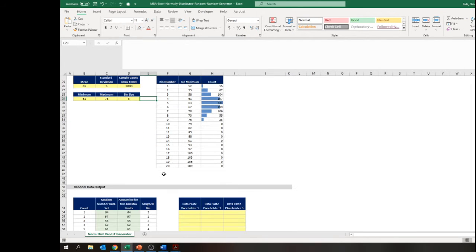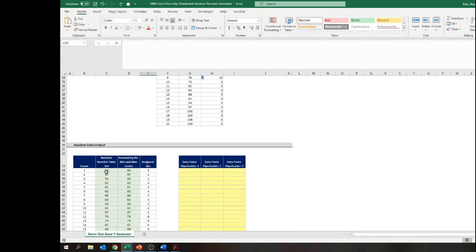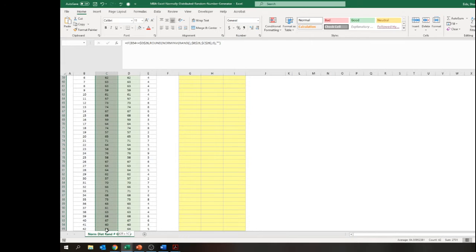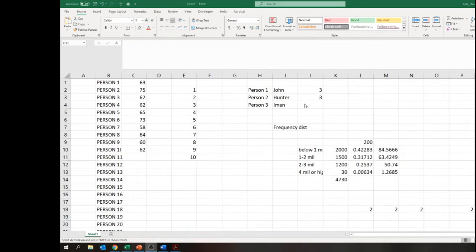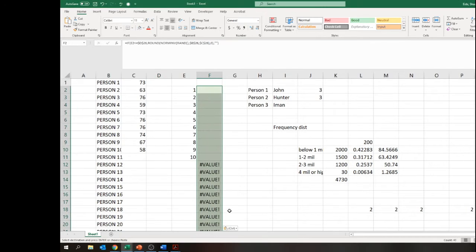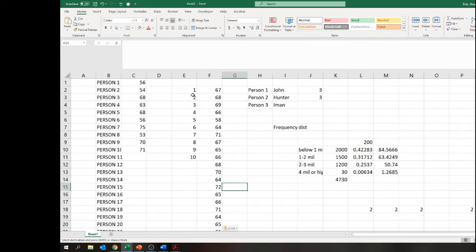I'm going to copy these, and I'm going to have 40. So I just used this fun little tool that randomly selects numbers and does it in a perfectly normal distribution.